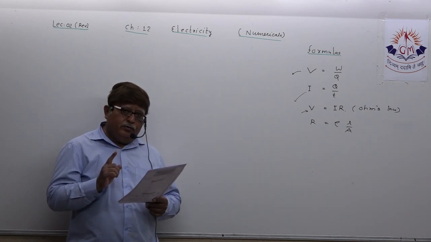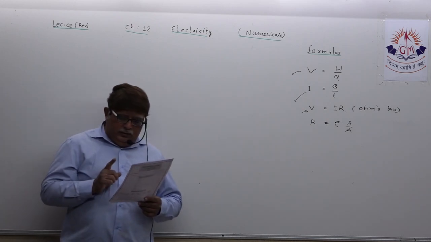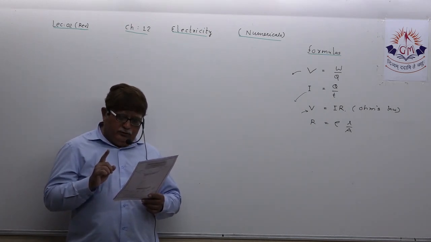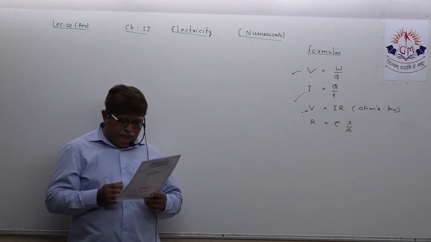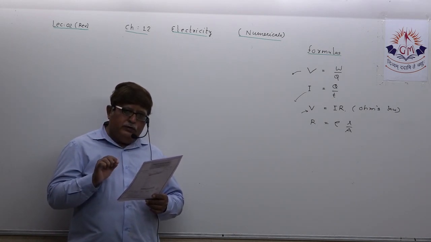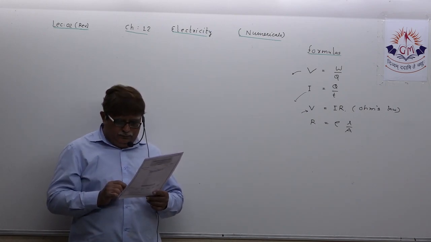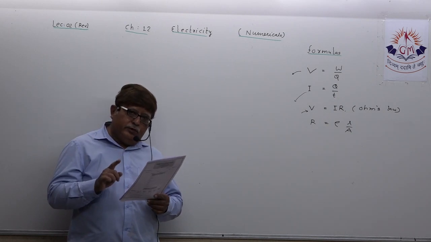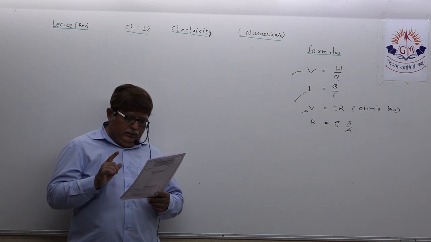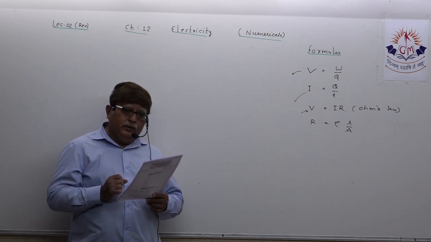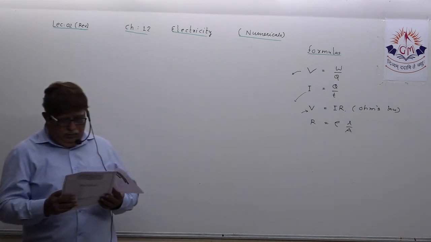A wire of given material having length L and area of cross section A has resistance 4 ohm. What would be the resistance of another wire of the same material having length L upon 2 and area of cross section 2A.